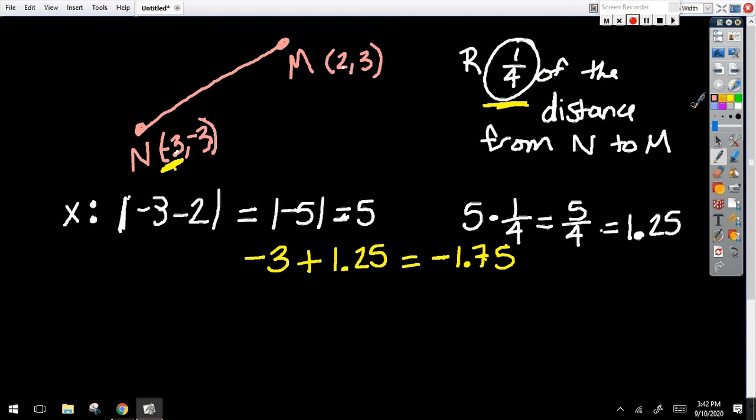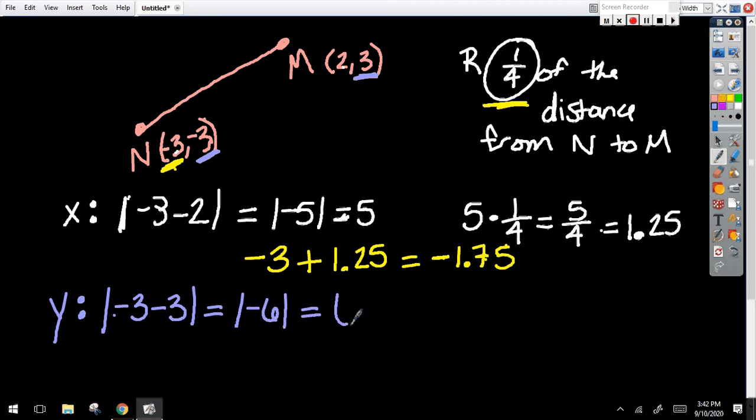So what I have here is the coordinates of the point that is exactly a quarter of the way from N to M, and that is the point R, which is -1.75, 1.5.